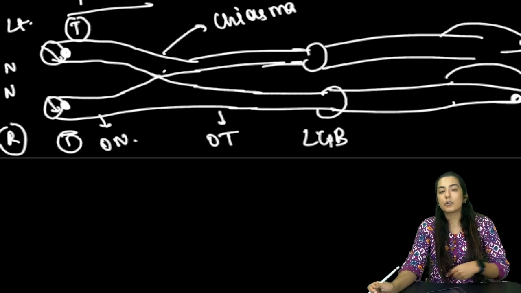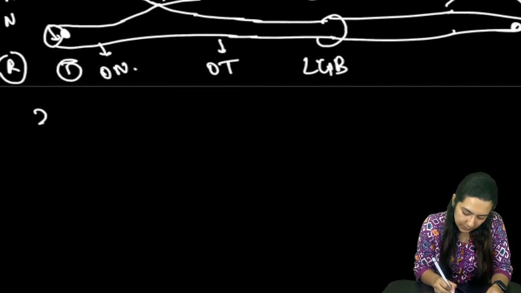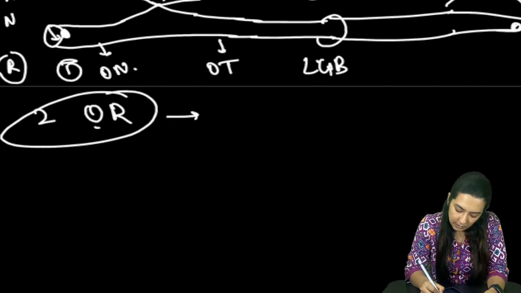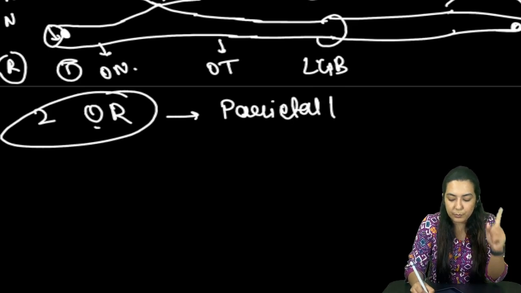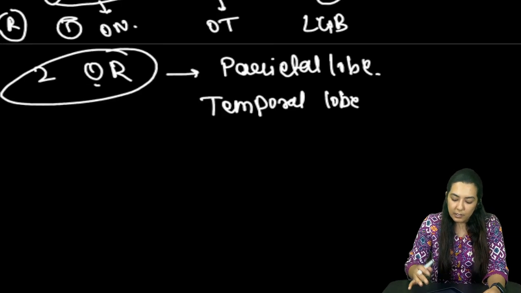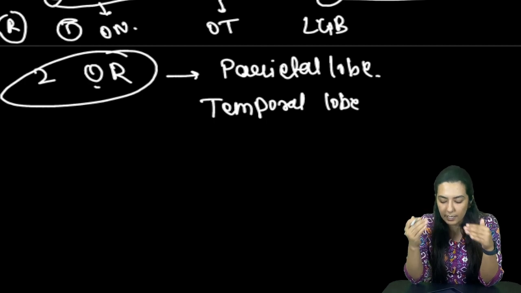So now here you have to understand that there are two types of optic radiations. Okay, the optic radiation in the parietal lobe is present superiorly, and in the temporal lobe it is present inferiorly. Okay, now again the visual field that it carries will be opposite.